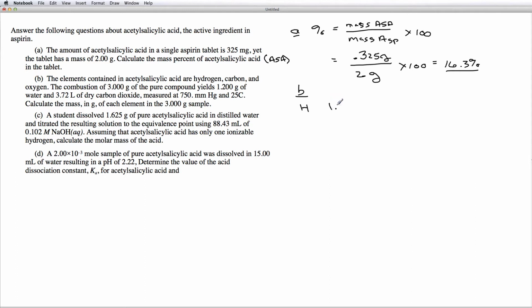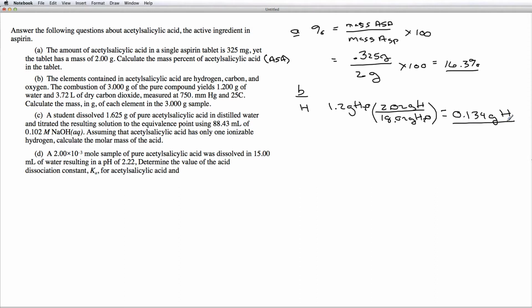If I have 1.2 grams of H2O, I know from the formula that for every 18.02 grams of water, there will be 2.02 grams of hydrogen, and those two numbers come from the periodic table. If I multiply those out, I get 0.134 grams of hydrogen.